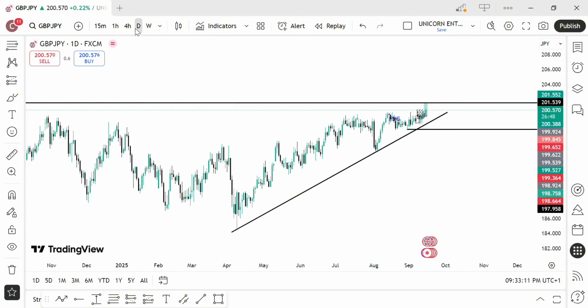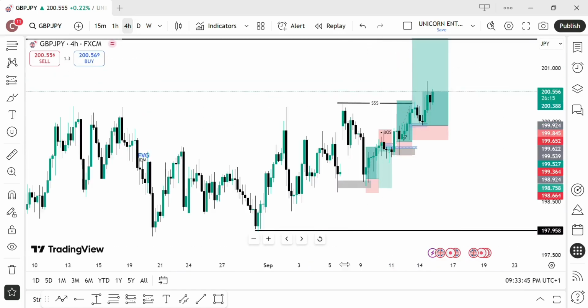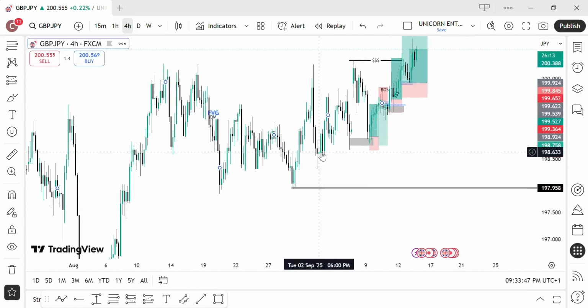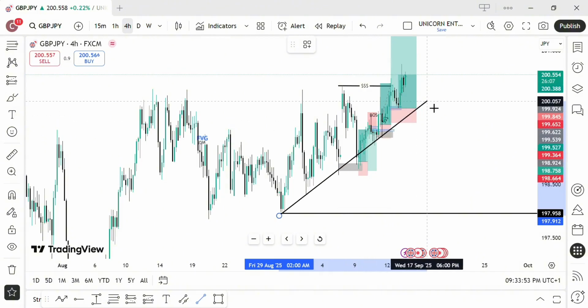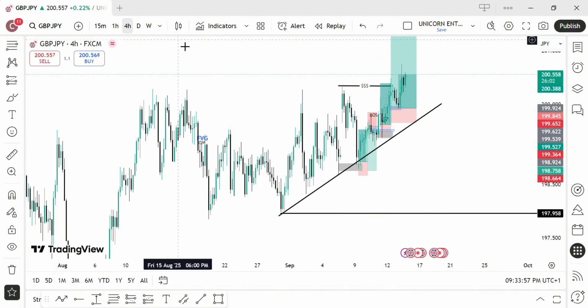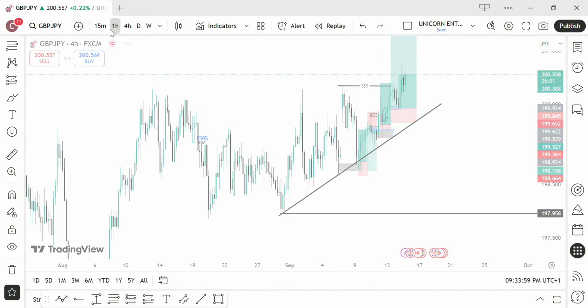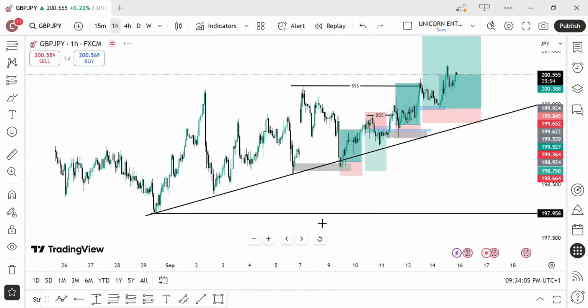Now let's go to the 4-hour time frame to see what's happening there. On the 4-hour time frame, we can see that this market is currently in an uptrend. This is the current price action. If we scale down to the 1-hour time frame, we can also see that the market is in an uptrend.